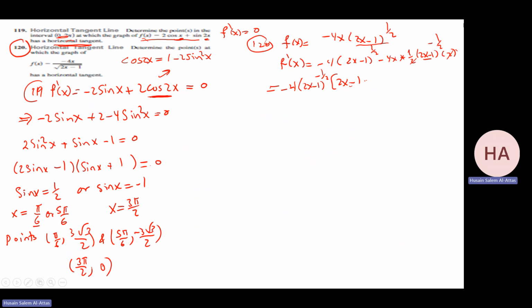I'm getting confused. Okay, f of x is minus 4x, so there's minus 4 times this. This is minus 4, derivative of this, minus 4 times 2x minus 1 to the power half.